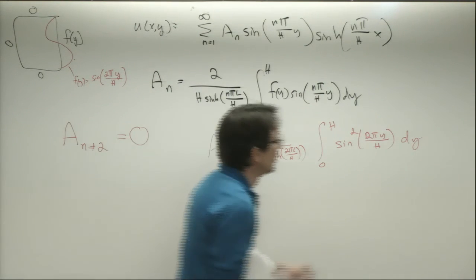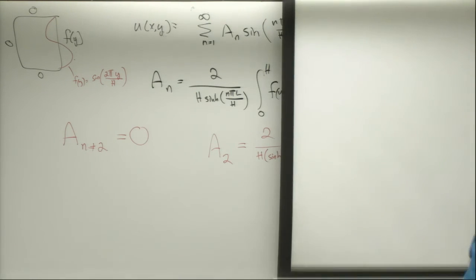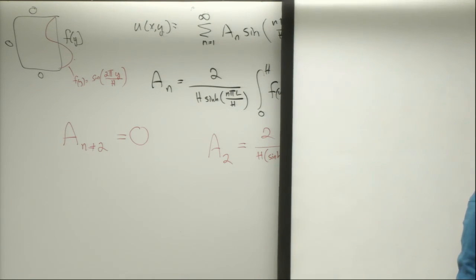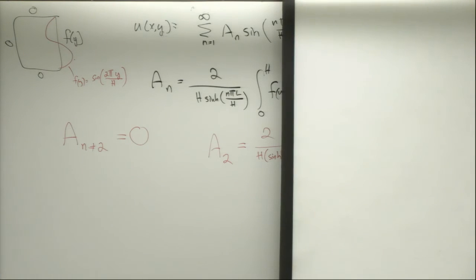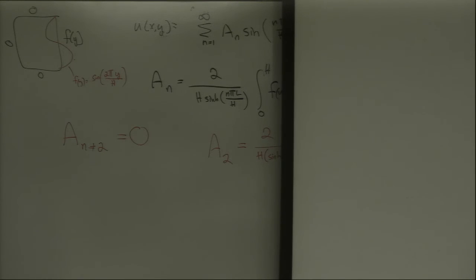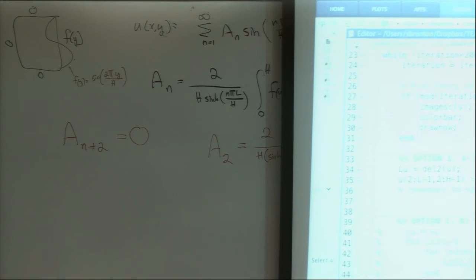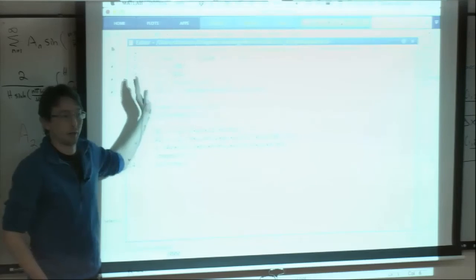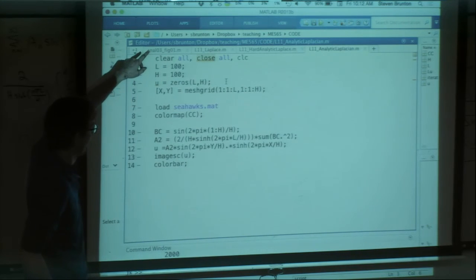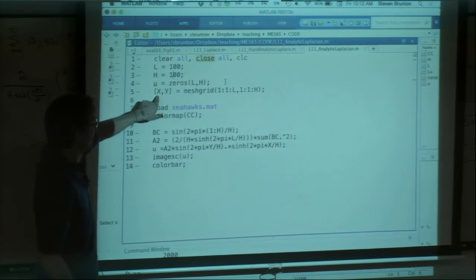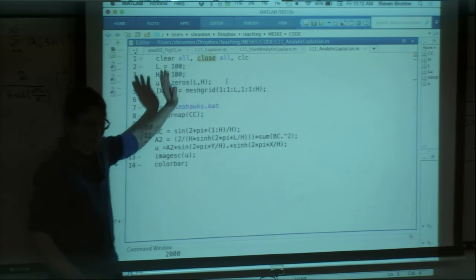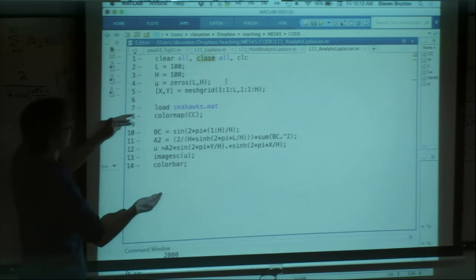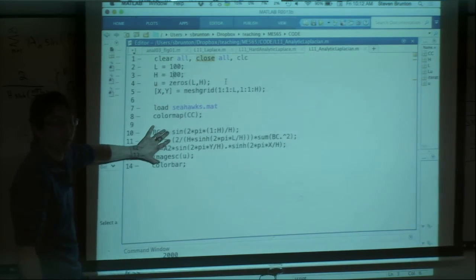Kind of cool. So let's do that. I have this L11, Lecture 11, Analytic Laplacian. Same deal, I have a grid from 1 to 100, 1 to 100. L is 100, H is 100. I create a big meshgrid for X and Y. I start out with a 0 temperature distribution. And what I'm going to do here is analytically solve for the temperature distribution.